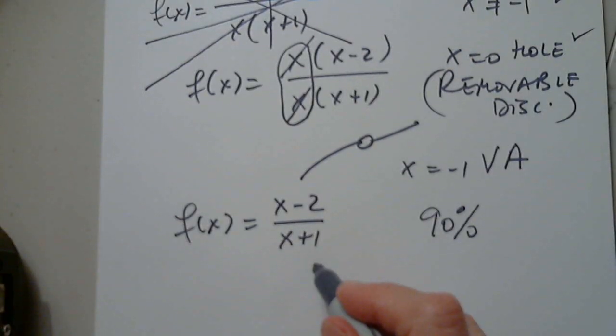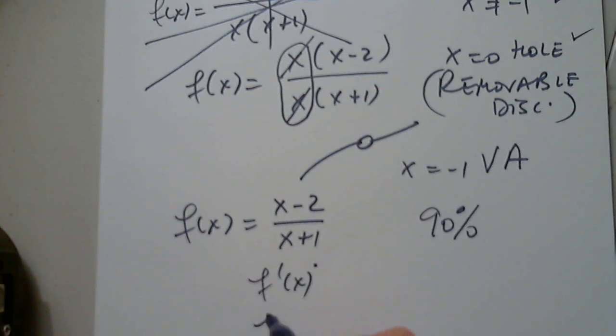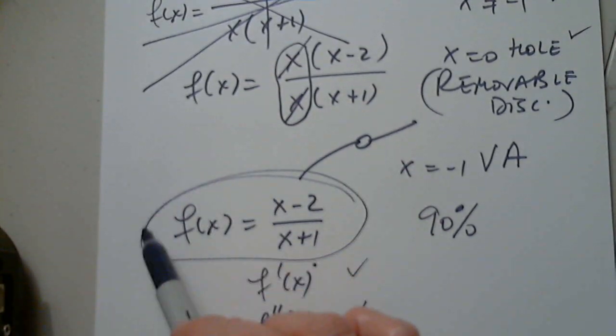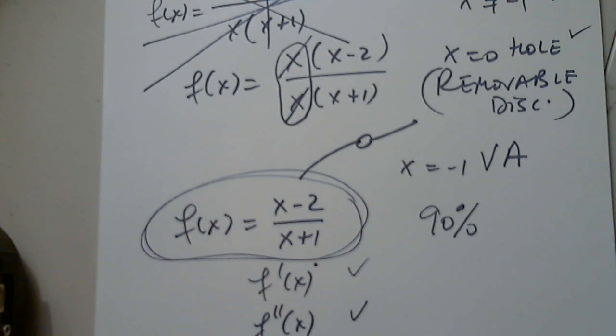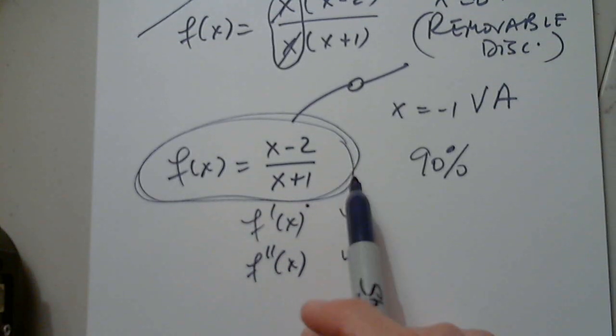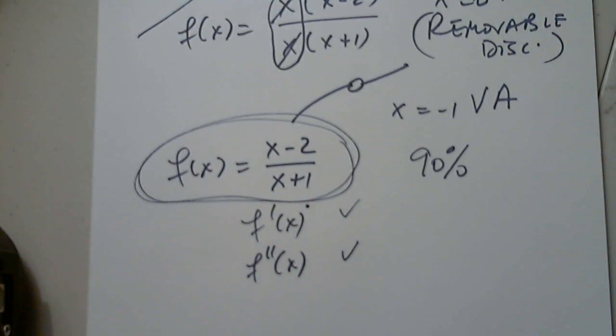You differentiate this to find f prime and then f double prime. You always differentiate the simplified form. You already removed this factor, it's gone. This is our new function, the simplified form, and we find f prime and f double prime.